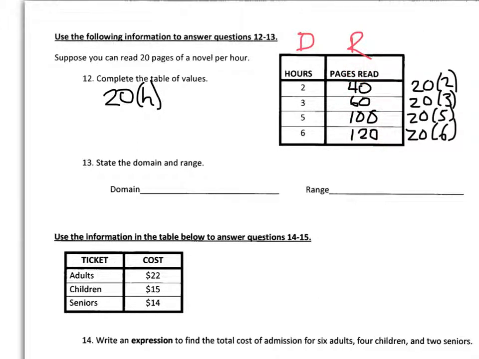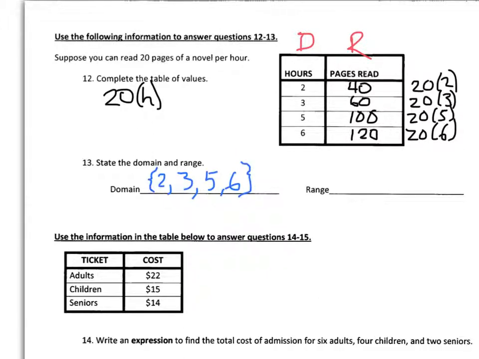So, our domain, and remember, we do have to put it with that little weird squiggly. Let's see if I can do it correctly. There we go. So, I put them in numerical order from least to greatest. In this case, they're already set up that way. So, I'm going to go ahead and write 2, 3, 5, 6. Then I got to do that little squiggly deal again.